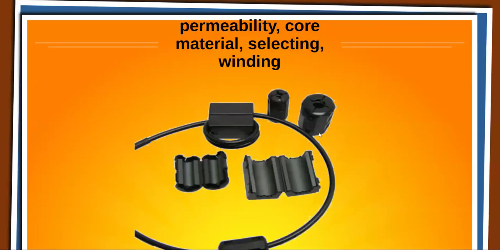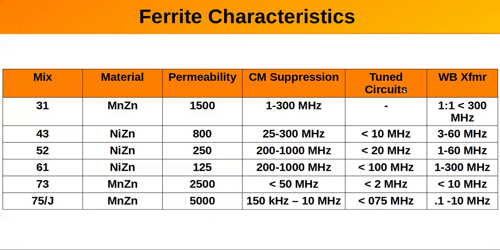There's a picture of a lot of the typical clamp-ons you can get, because if you've already got a cable made, it's kind of hard to slip one of these over a connector. That's why they have the split ones, and they work almost as well.